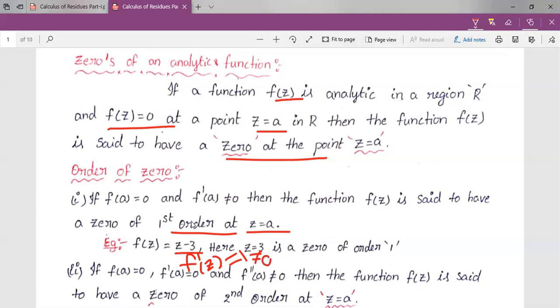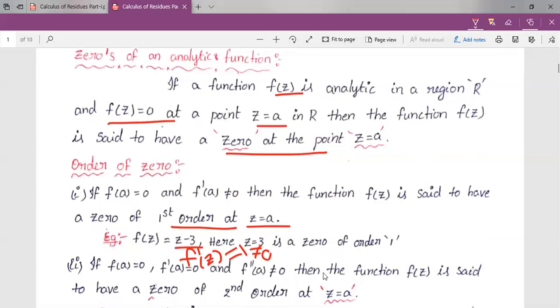So f(a) equals 0 and f'(a) is not equal to 0 at z equals 3. Then z equals 3 is a zero of order 1.